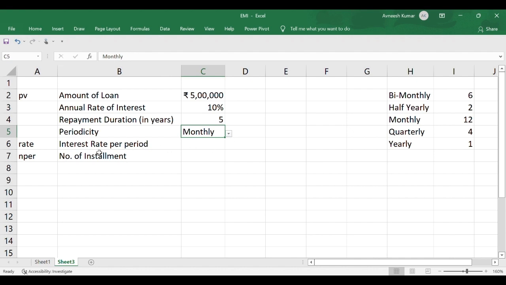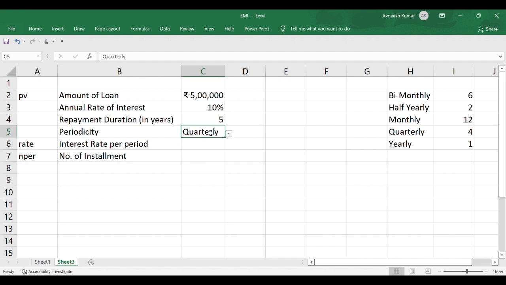For interest rate per period calculation, we need this factor and we need this factor. So now for calculation of number of installments, like if the repayment duration is 5 years and we choose quarterly option, so there would be total number of installments would be 5 into 4, 20.